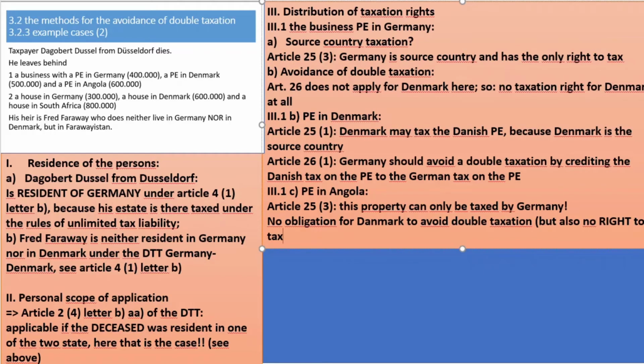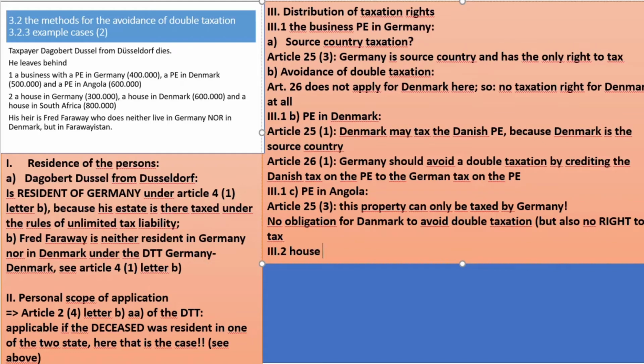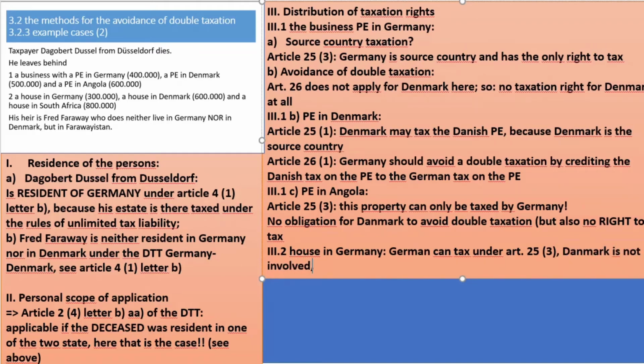Yeah, so that's it. And now 3.2, the house in Germany. Germany can tax the house of a German under Article 25.3. Denmark is not involved. Article 26 does not apply.